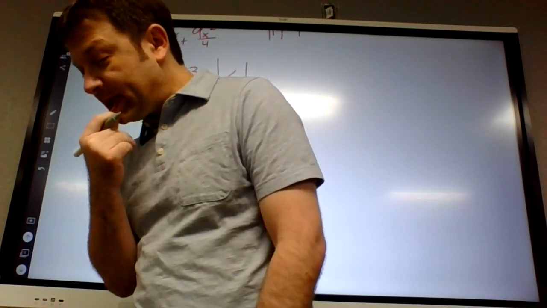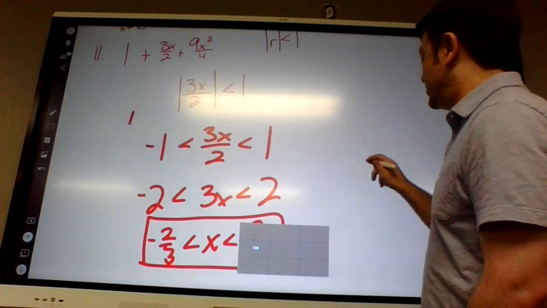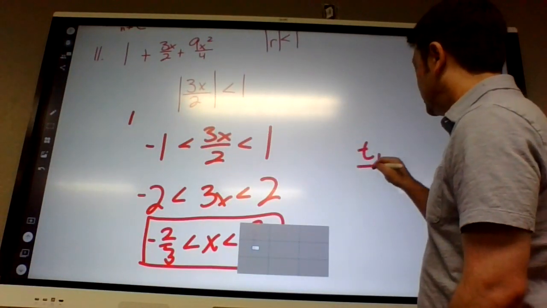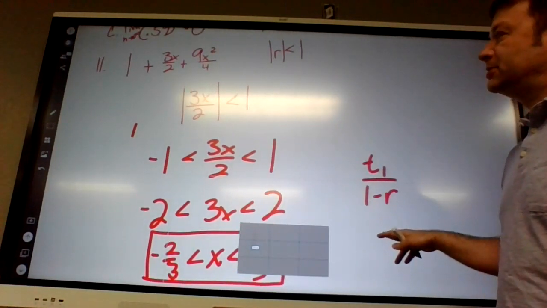Forgot what I was doing. Sum. Okay, there was a little formula for the sum of a geometric series.